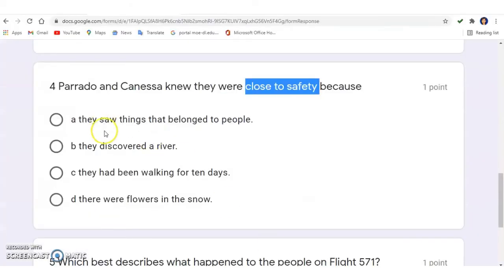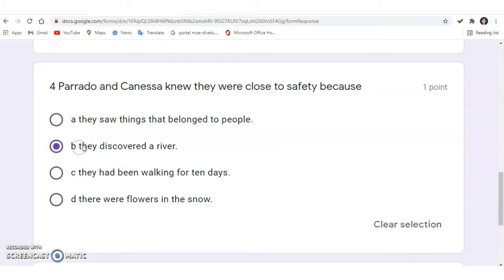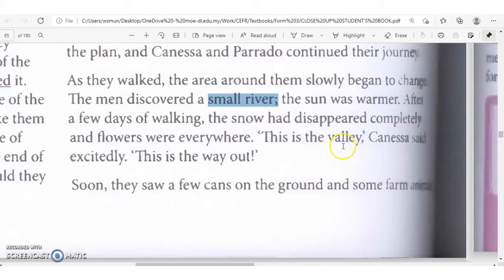Okay, as we see in one of the options, they discovered a river. But when they discover a river, does it mean they are close to safety? Okay, not necessarily, right? Okay, let's continue reading. Because in the text, it just says that they discovered a small river. Okay, but it doesn't mention around here that they are going to be safe, right?